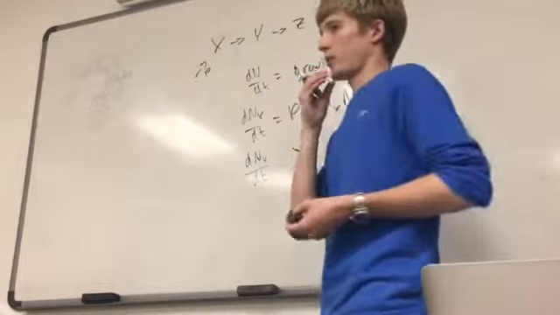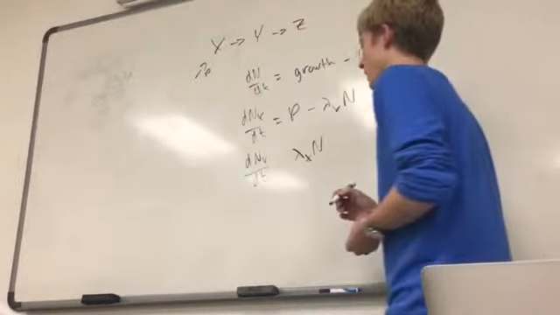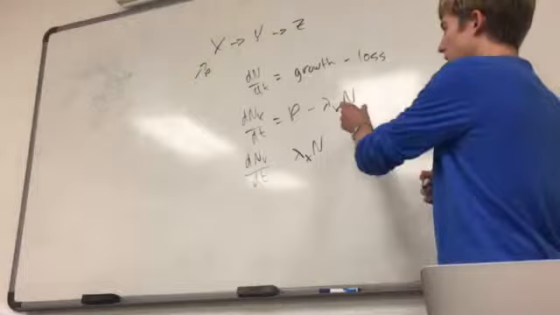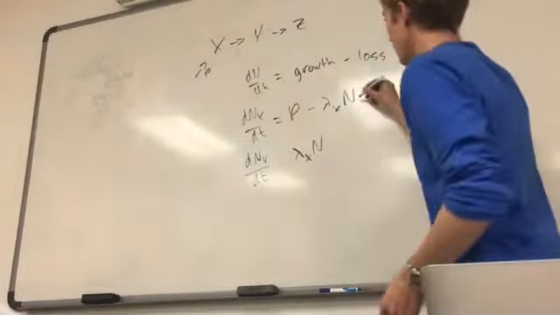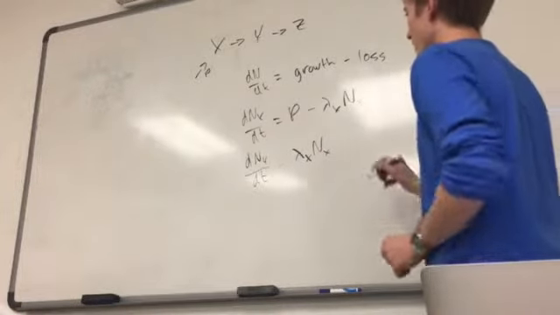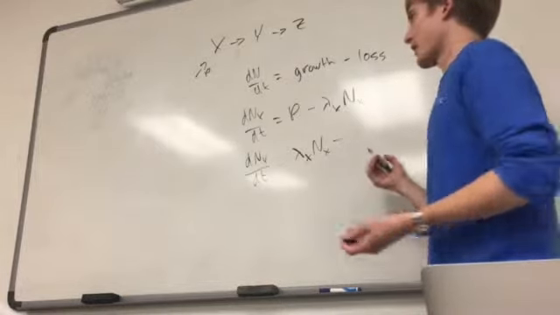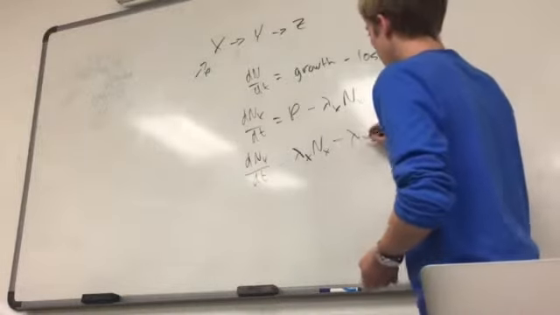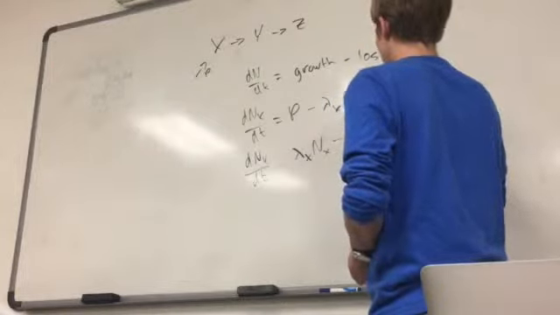The way we're producing it effectively is by letting X decay. So it grows in at the same rate that X is decaying away. Oh, and it's important to put subscripts to distinguish your population. And then just like X, it decays away with some decay constant multiplied by its population.